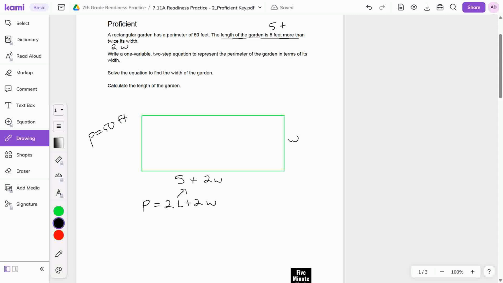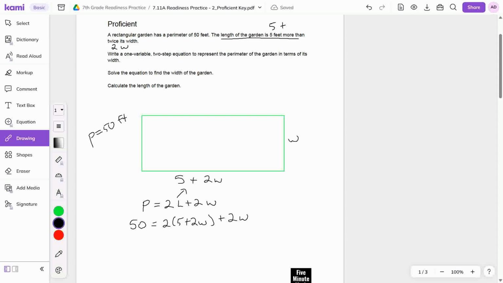So let's substitute in what we know. We can say 50, because that is our perimeter, equals double the 5 plus 2w, and then plus 2w. We're just going to leave that the way it is.